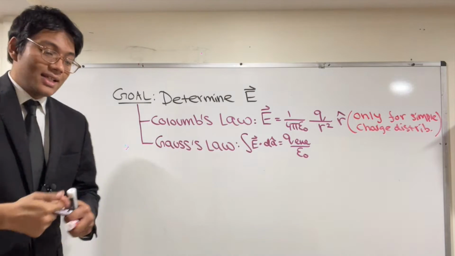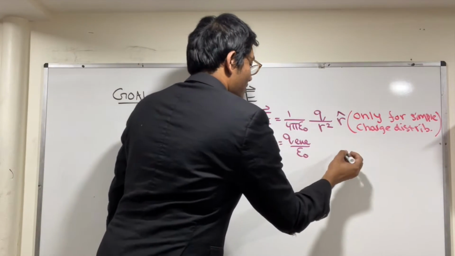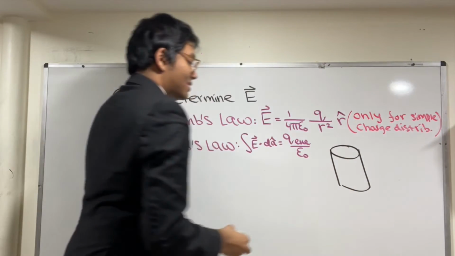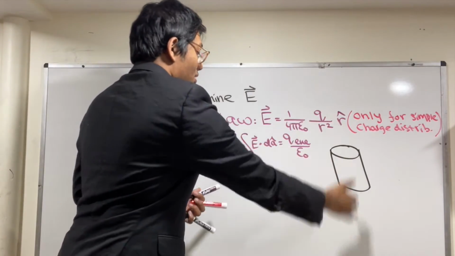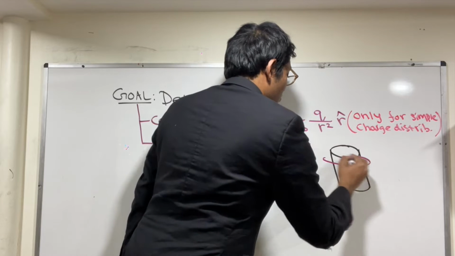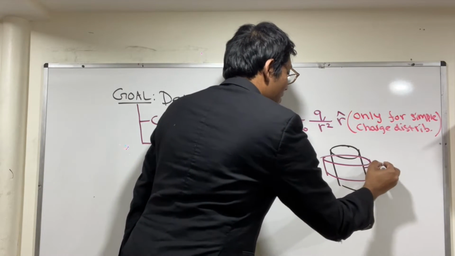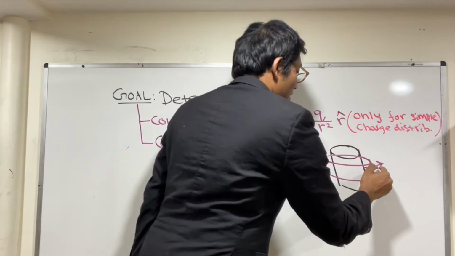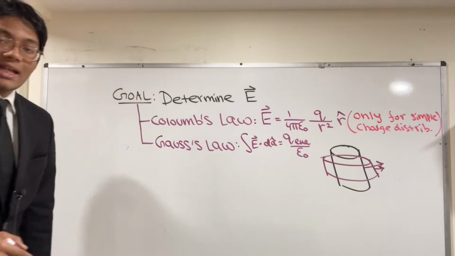That means that if we have some kind of a symmetric charge distribution, for instance this infinite cylinder, which extends all along the z-axis, then we can construct what's known as a Gaussian surface around the cylinder, so that the electric field protruding out of this infinite cylinder is parallel to the unit normal area vector of this Gaussian surface.